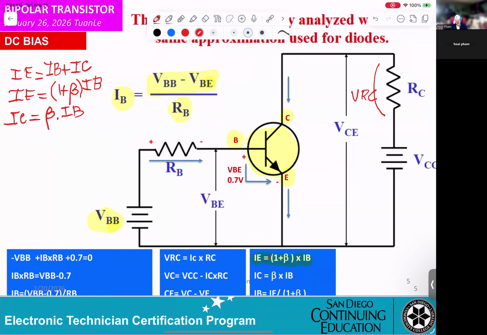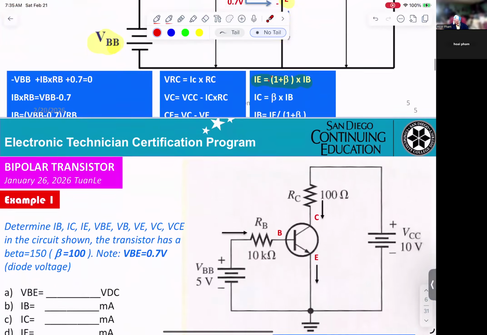So that's just giving you the basic formulas used for the transistor, even NPN or PNP. The difference will be the current flowing direction. Okay, the formula will be the same.